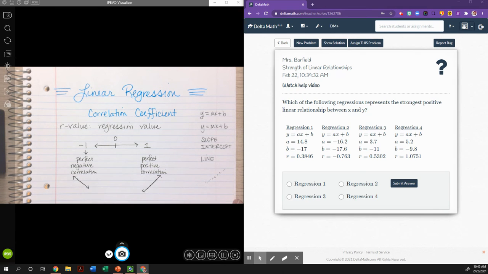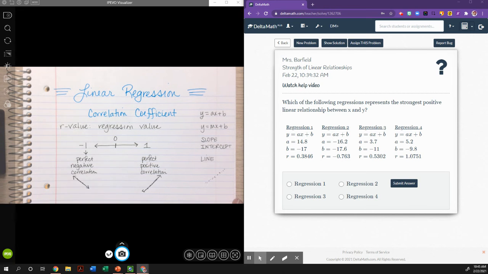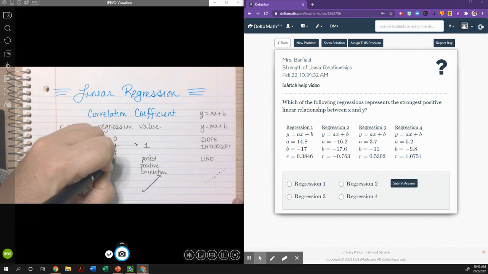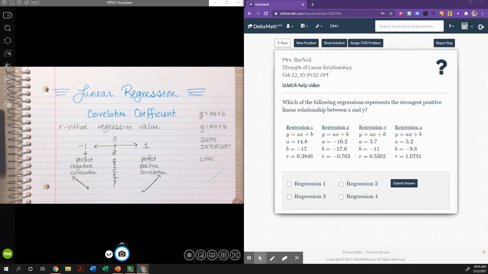If my r value was 0, that means I have no correlation. My dots are a hot mess, that's how I think about it. My dots are all over the place. The data that I've collected has no pattern to it.